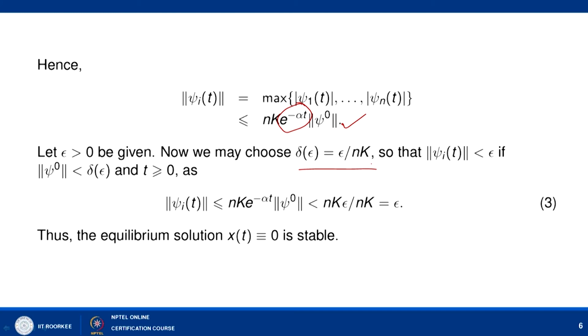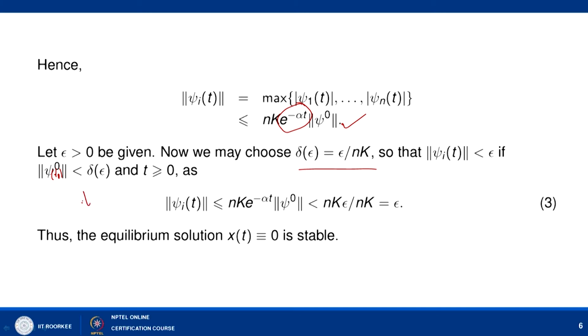Now you can choose delta, since delta we have to choose. Given any epsilon we have to choose delta such that the norm of psi I t is less than epsilon whenever the norm of psi at t naught is less than delta. So now choose delta as epsilon by n k, so that the norm of psi I t is less than epsilon if the norm of psi 0 is less than delta, at t naught, and t is greater than or equal to 0.